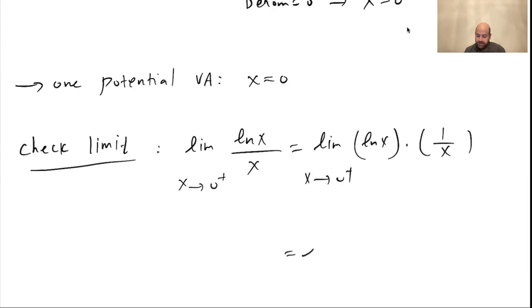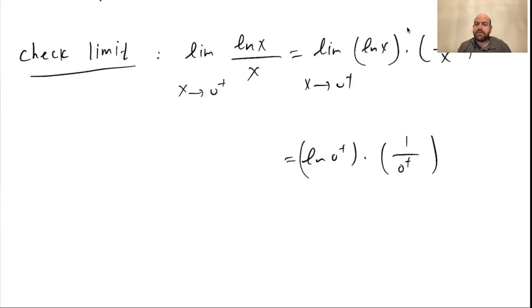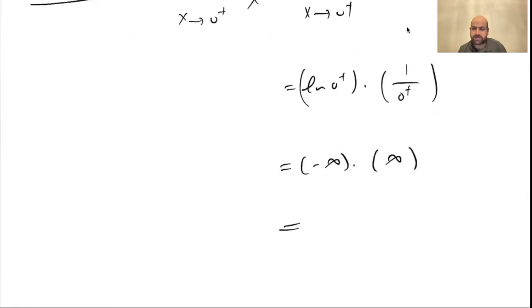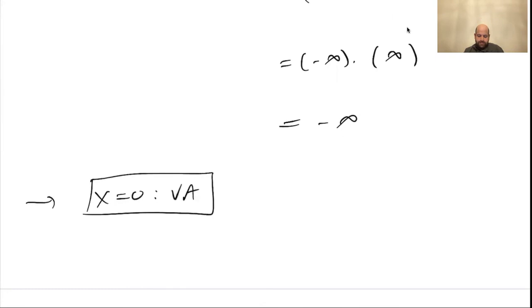So then this is ln 0 plus times 1 over 0 plus. ln 0 plus, if you think about the graph of ln x, which looks like this, right? If x is a little bit bigger than 0, y value will be minus infinity. So this will be minus infinity. And 1 over 0 plus is positive infinity. Minus infinity times positive infinity is minus infinity. So we do have a vertical asymptote at x equals 0 because the limit was minus infinity.